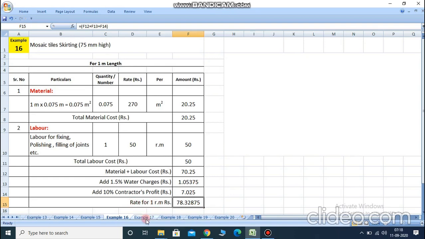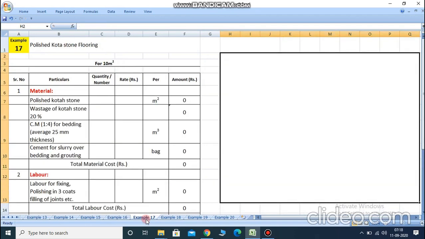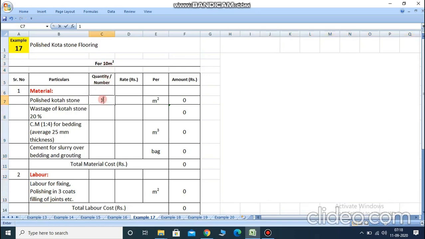Now we take another example, number 17. In this example, polished Kota stone flooring. We take polished Kota stone flooring for a 10 meter square area. First, the polished Kota stone. Quantity we calculated is 10 meter square. Per meter square rate for Kota stone as per the textbook value is 400 rupees.